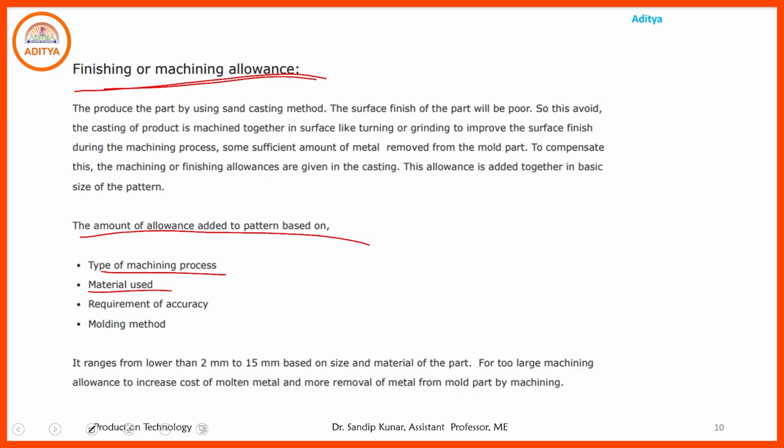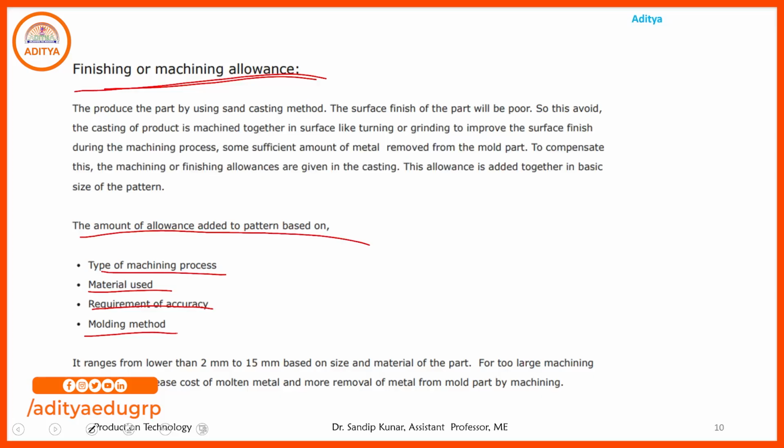Another requirement is accuracy, whether precision accuracy or rough accuracy is needed. And last is the molding method. Various types of molding methods and casting processes are there, so due to that we provide an amount of allowance to the pattern.